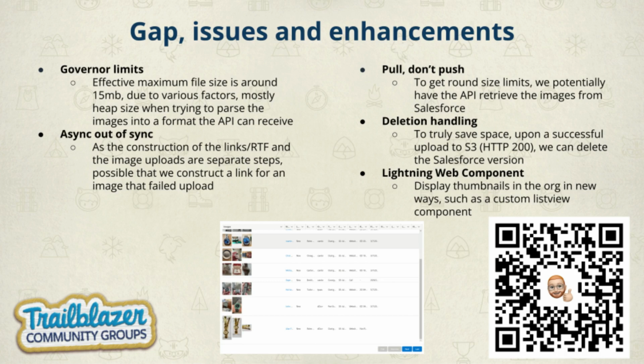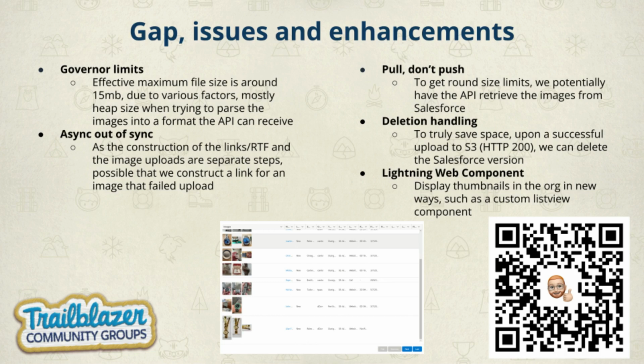Now, I know that there are smarter folks in this room than me, and I know that there are challenges. So we have a governor limit issue still. The maximum potential image size is 15 megabytes. There are various factors, mostly heap size when we're trying to build and encode that encoded URL. That's generally the main challenge that's hitting us.